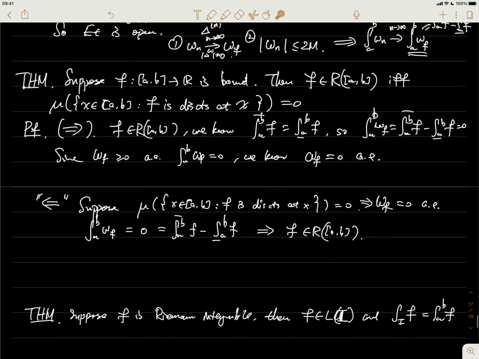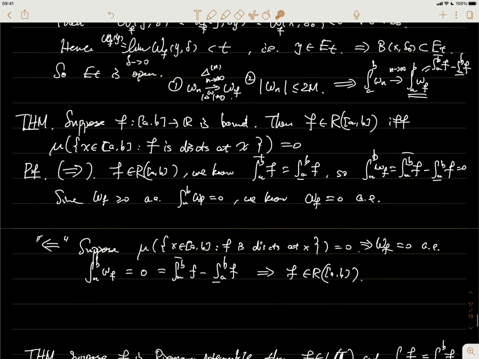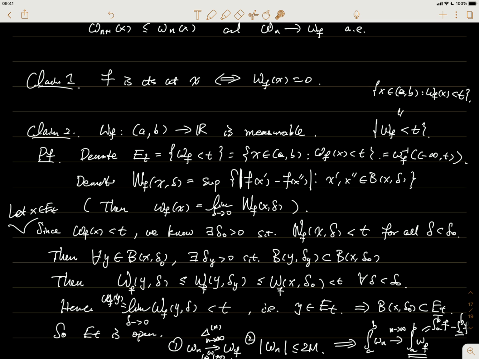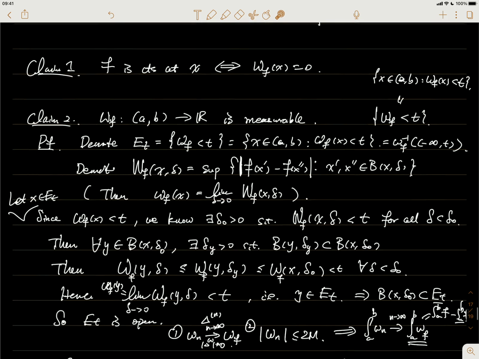Okay, so that's the proof here. Oh, by the way, I probably forgot to mention that we showed that WF is only measurable over this open interval, but if you add 2 more points, it doesn't change the result, because adding them or not doesn't change the measurability of the set.